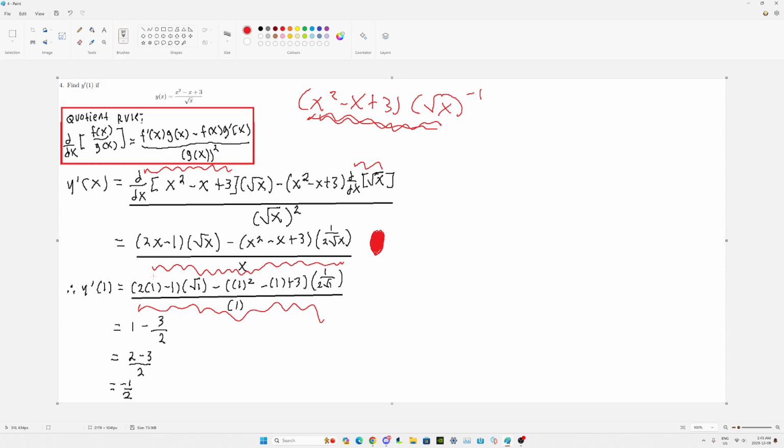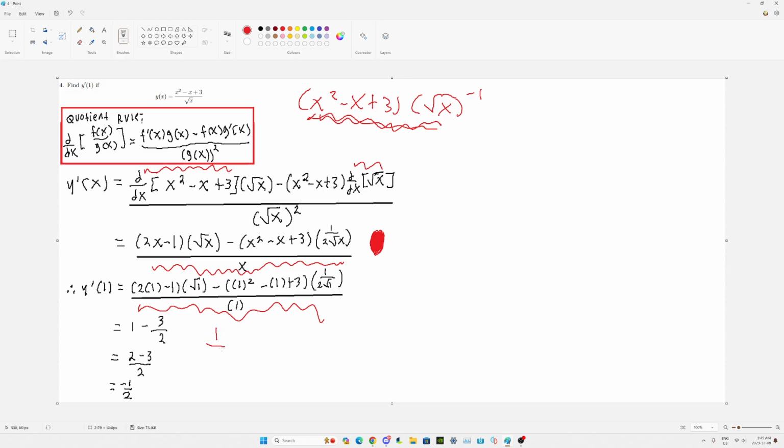We see after we do that, this is just going to go to 2 minus 1, 1 times square root of 1 is just 1, minus 1 squared, minus 1, that's 0, plus 3, times this is 3 over 2, so we get 1 minus 3 over 2.